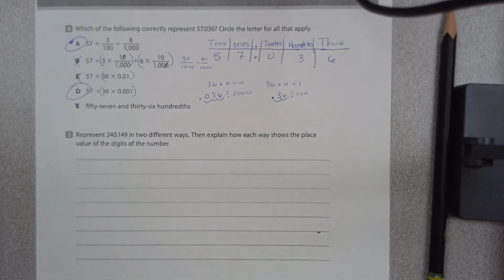All right, represent 240 and 149 thousandths in two different ways. Then explain how each shows the place value of the digit number. Okay, so basically all we have to do is write this two different ways.